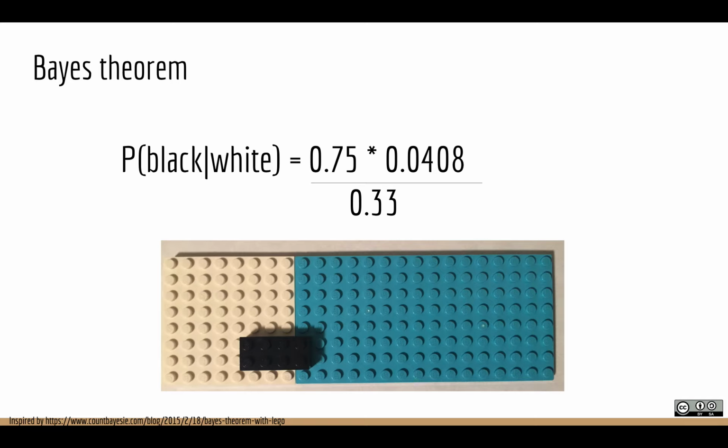That works out to 0.75 times 0.04, which comes from our original priors, divided by the fraction of the probability space that is white, which is 1/3. So that gives a posterior of 0.09 of being on a black peg, given that we've landed on white underneath.